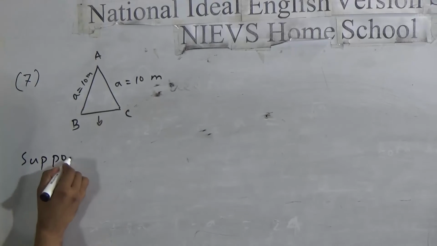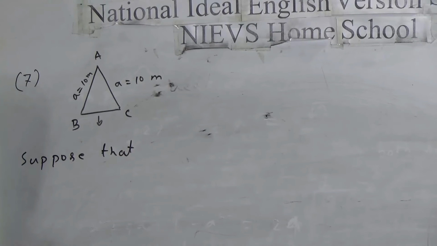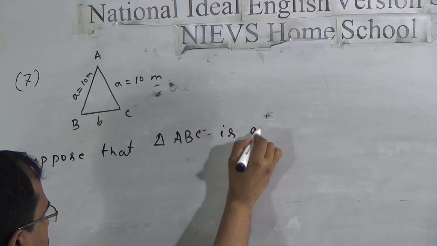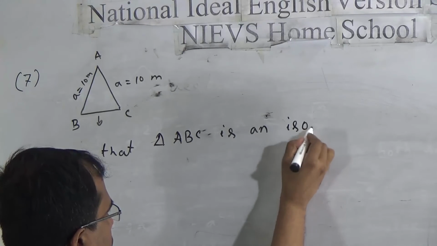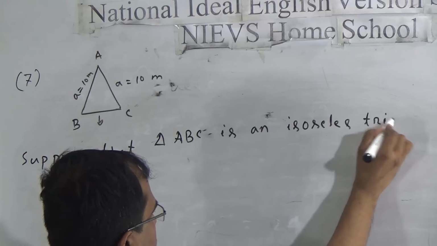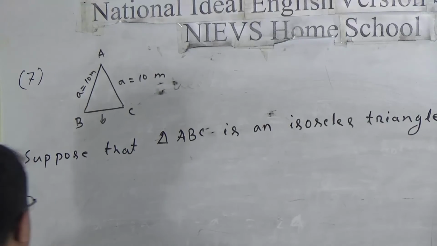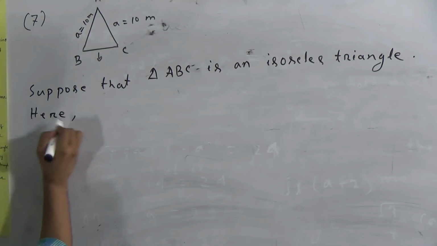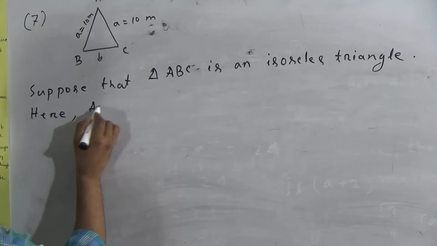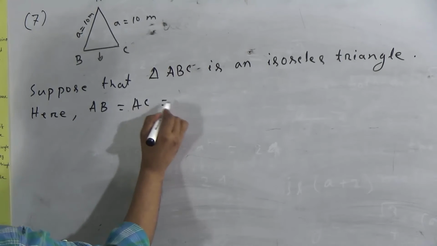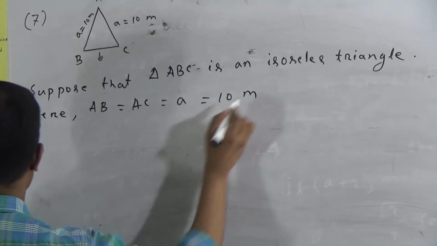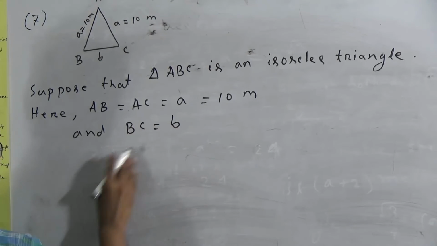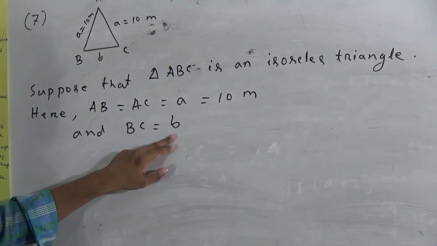Suppose that triangle ABC is an isosceles triangle, here AB equal to AC equal to A equal to 10 meter and BC equal to B. We have to find out the value of B.